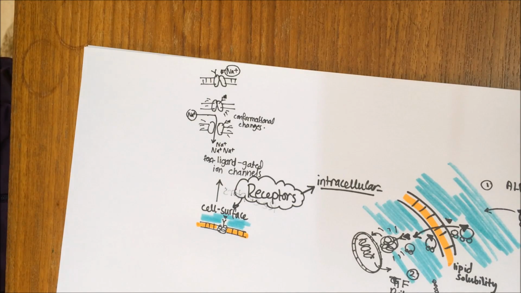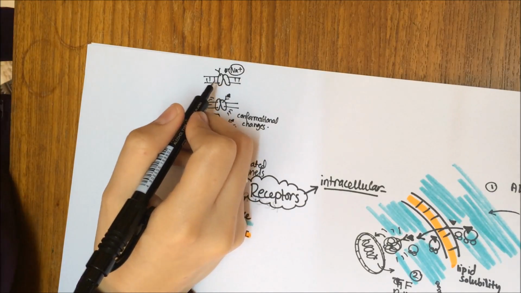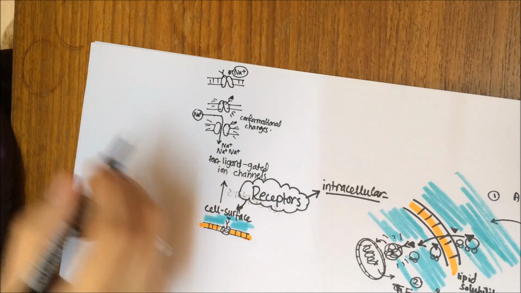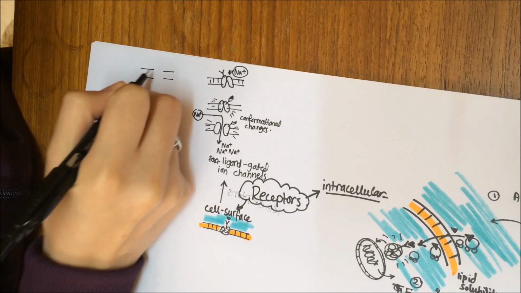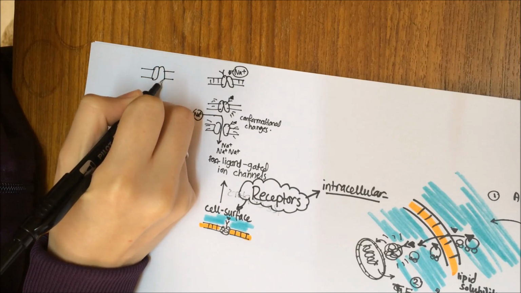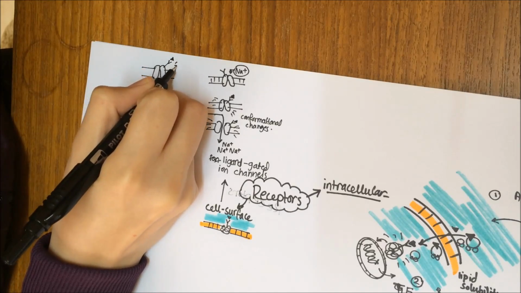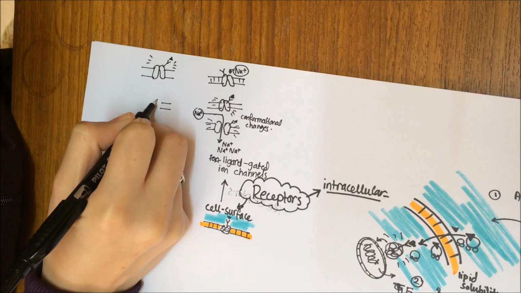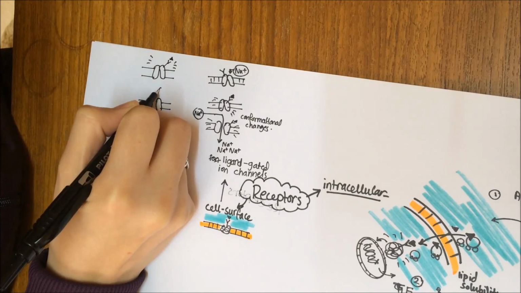Okay. Now, as we said, usually each gate is specific for a specific ion. Like for example, we have these gates here. And this gate here is now activated by the binding of the ligand, and it is now open.